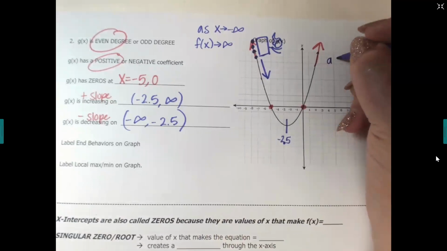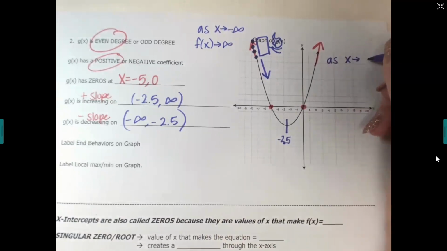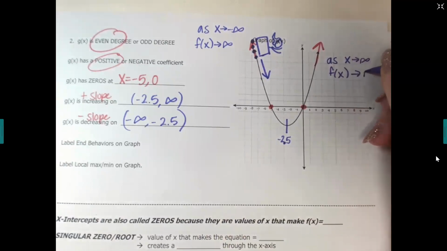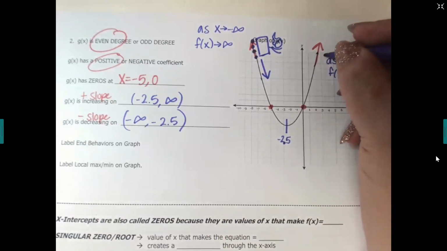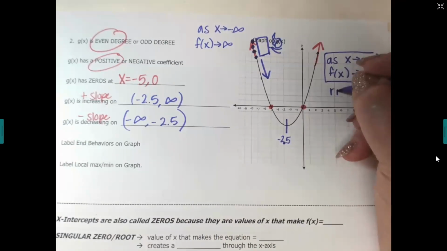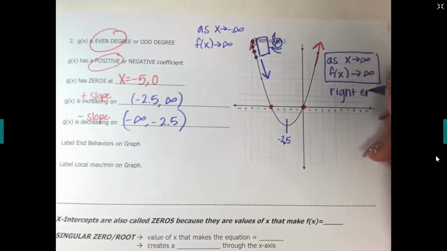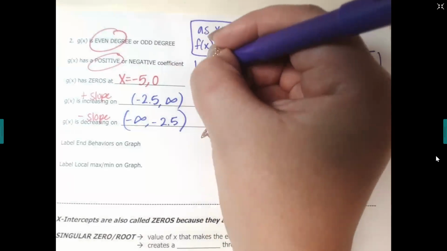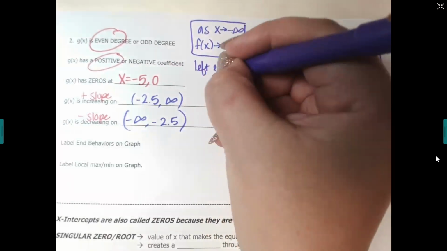Versus on this end, as x goes to infinity, my f of x's are going to infinity. And so that means the right end points up. And this one over here means the left end points up.